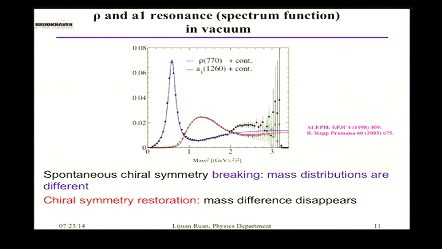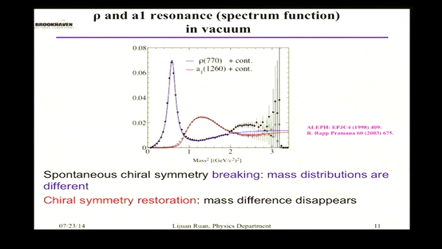This is the Rho, and this is the A1. The data points represent measurements, and the curve on top of the data points represents theoretical calculations. For example, for the Rho particle, the measurements include this peak structure, which represents the ground state.